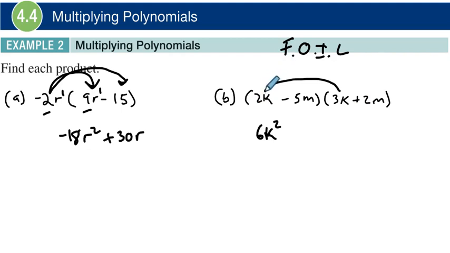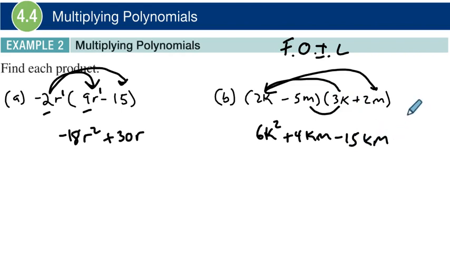So I'm going to multiply 2k times 2m now, because they're on the outside. 2 times 2 is 4, and k times m, you just put them together, is km. Then we want to do the inside terms, I. So I'll do my inside here, and negative 5 times 3 is a negative 15, and then m times k is km.